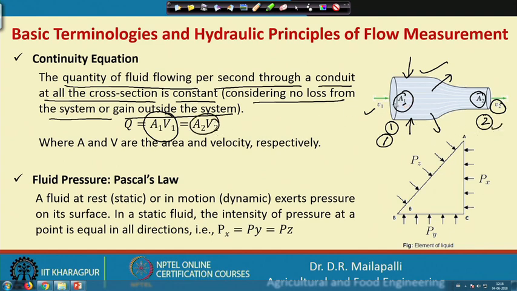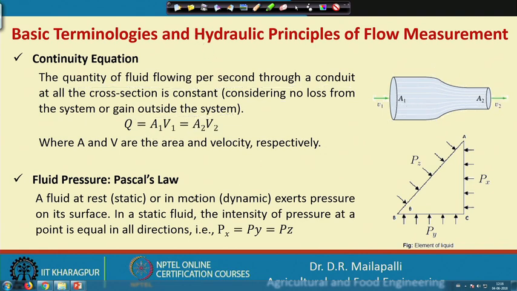So, the product of area and velocity at section 1 is equal to the product of area and velocity at section 2. This is the continuity equation. If you have more sections, then area into velocity at the third section is also equal to q. The q that we have seen previously is equal to area into velocity. So, the fluid flow at section 1 is equal to the fluid flow at section 2, because there is no addition of fluid or loss of fluid from the conduit in that case.